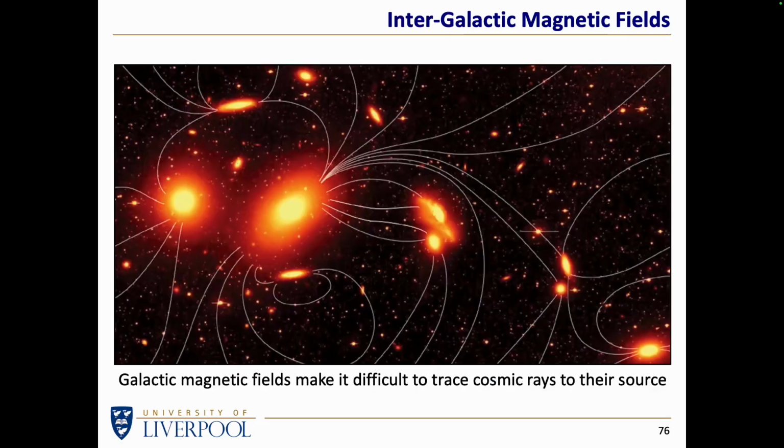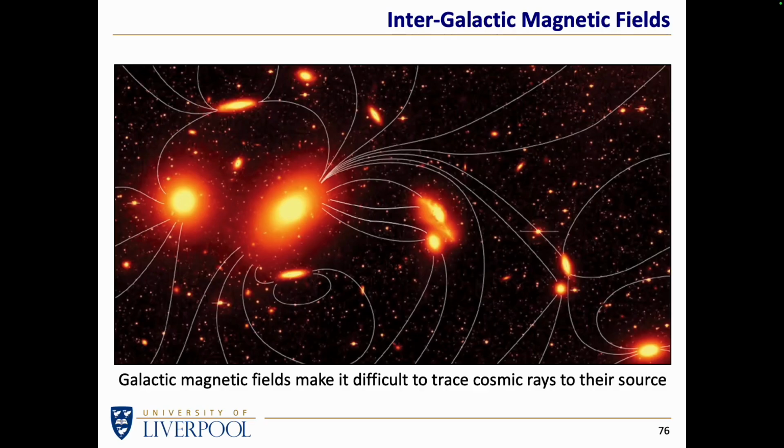And have we got any chance of understanding what the magnetic field outside our galaxy is? How on earth can we map out what the magnetic field lines are like from one galaxy to the next? If we're trying to work out where particles are coming from, and if particles are affected by magnetic fields, if we don't understand the magnetic fields, then the paths of these particles are going to get scrambled, and we've got no idea where they're coming from.